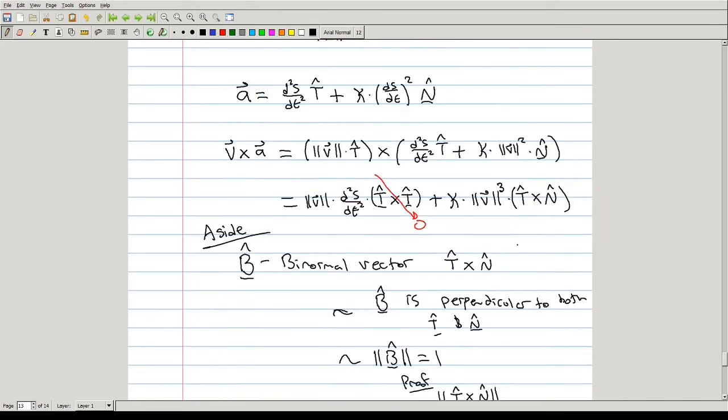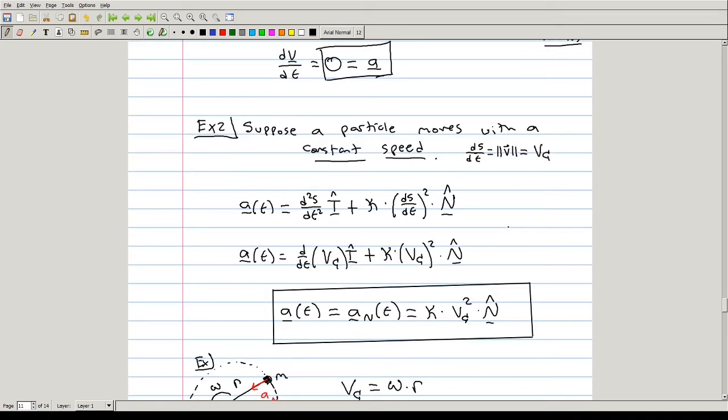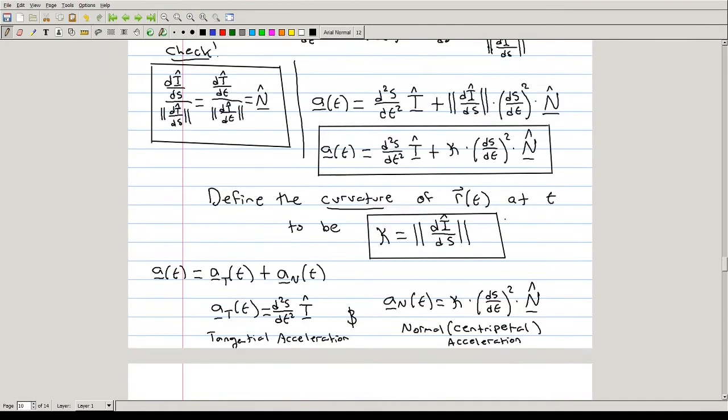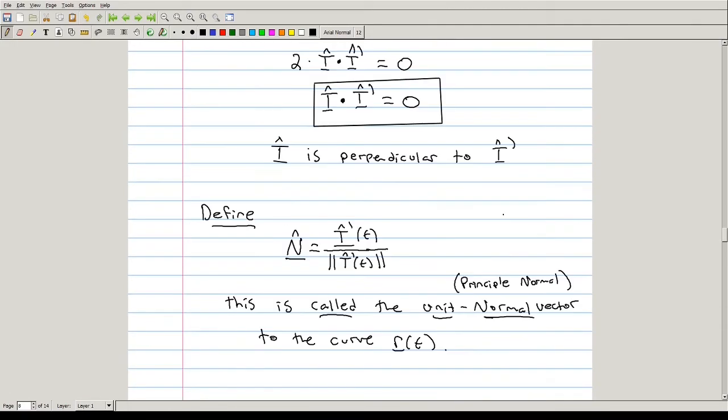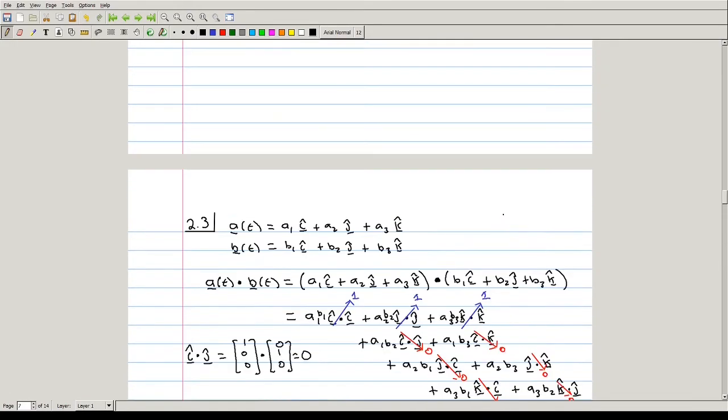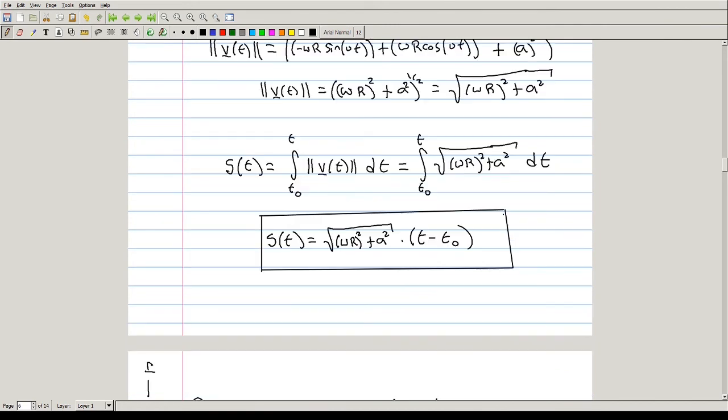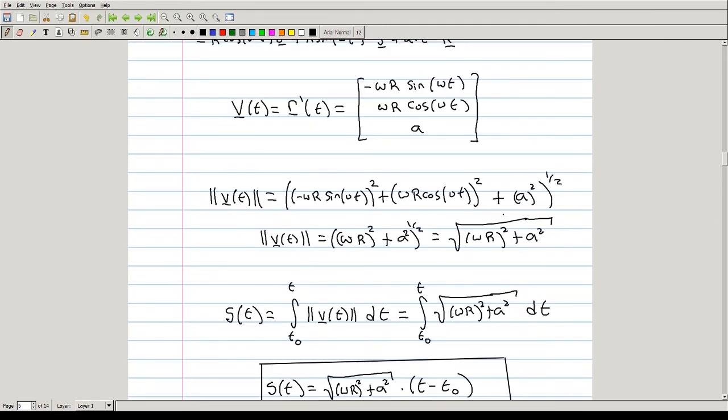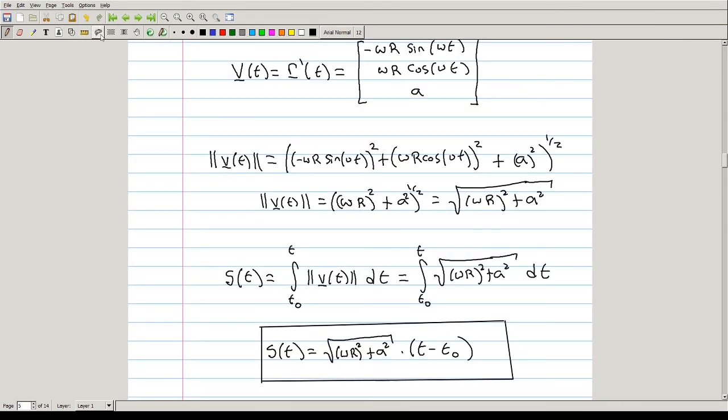This is what we found for the velocity vector of our helix, and we also calculated the magnitude of that velocity vector to be this right here.